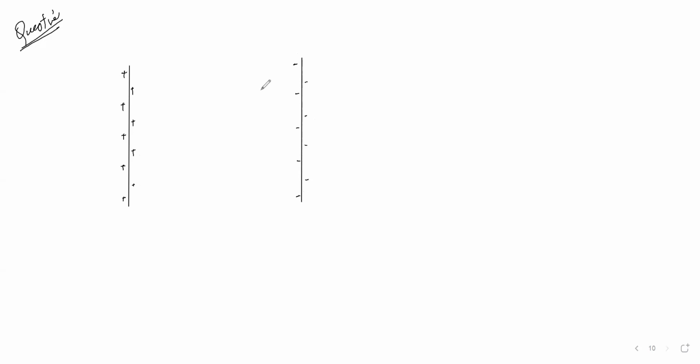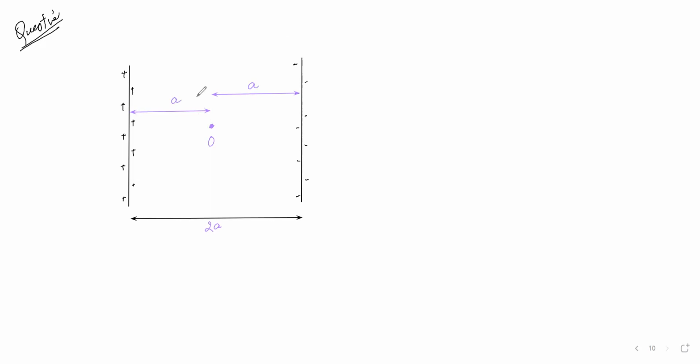The separation between these two line charges is A. There is a point in between these two line charges, which is your O, and both of the line charges are separated by a distance from the center.